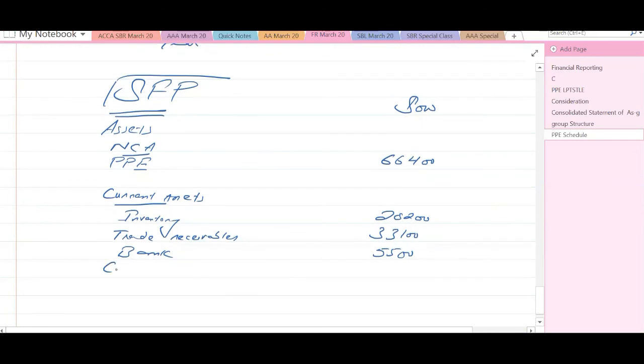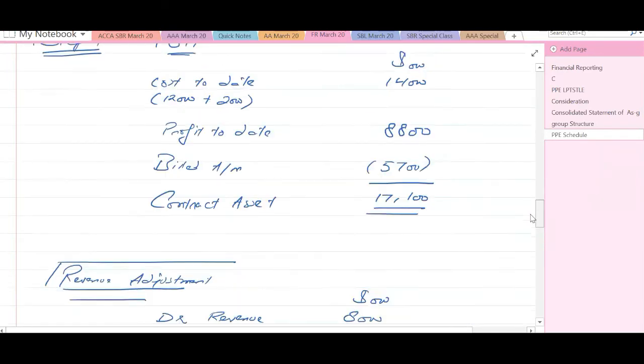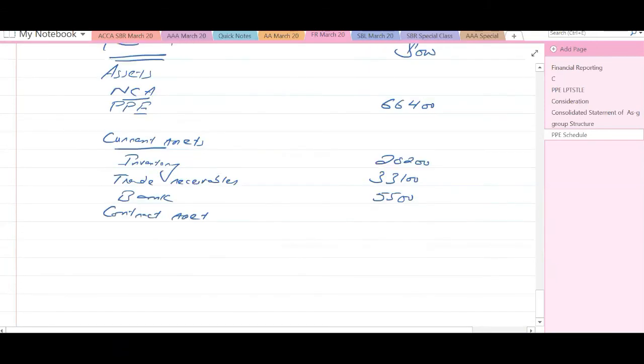And then we have the contract asset, 17,100. You get the total assets.